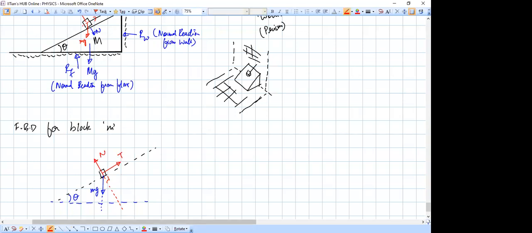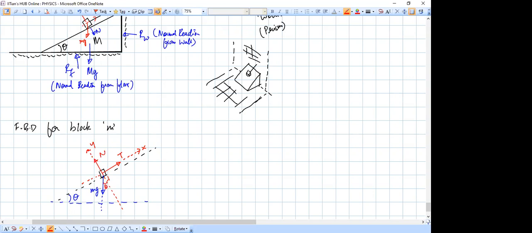Okay. So what we'll have to do is now take your x and y axis like this and resolve mg. So to resolve mg, you can see this angle will be theta.